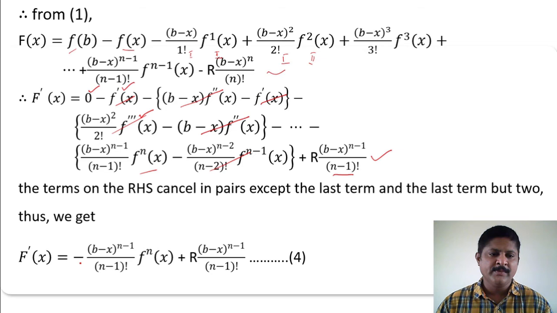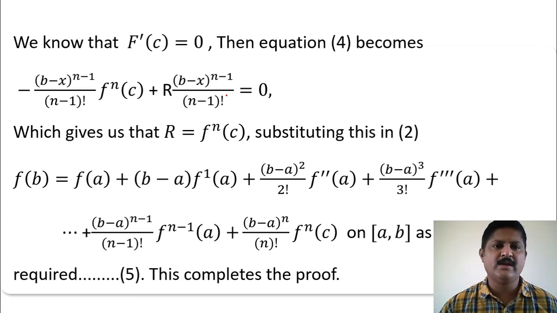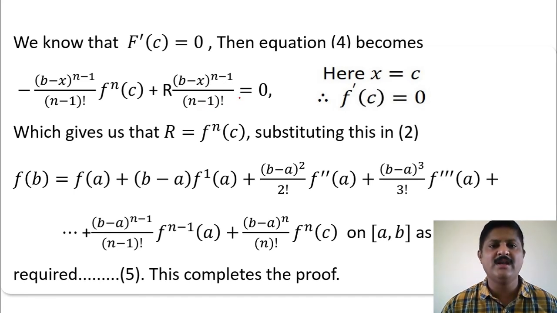In equation 4, put x equals c, we get F dash of c equals 0. We know that by Rolle's theorem, F dash of c equals 0. Then equation 4 becomes minus (b minus x) whole power n minus 1 divided by n minus 1 factorial into fn of c plus R into (b minus x) whole power n minus 1 divided by n minus 1 factorial, which is our F dash of c, which equals 0.